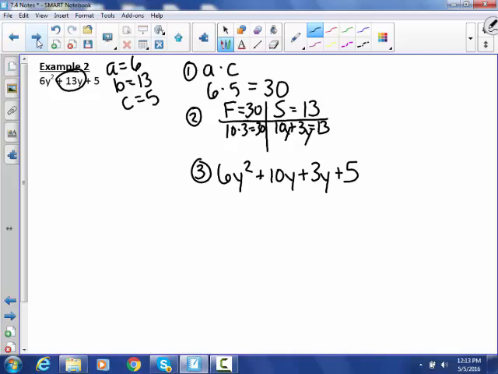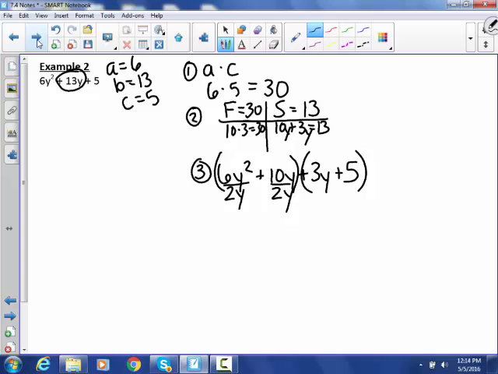Now group your first 2 and your last 2. So what goes into 6y squared and 10y? Y and 2. So we want to divide by 2y. By the way, there should always be a variable that goes into your first 2, if you put it in ABC order to begin with.